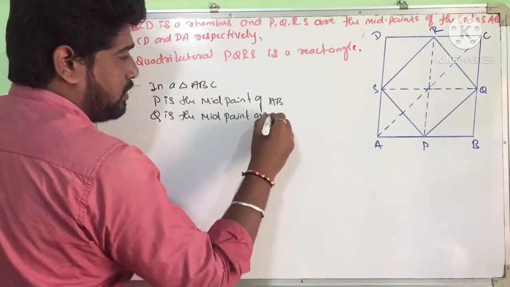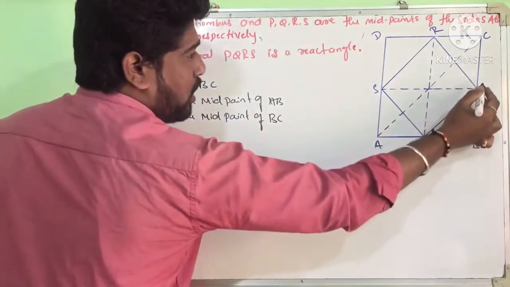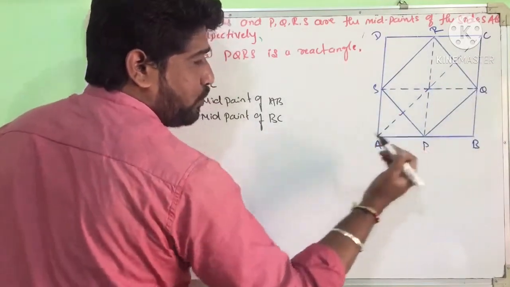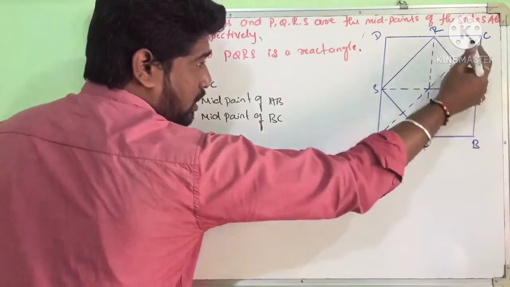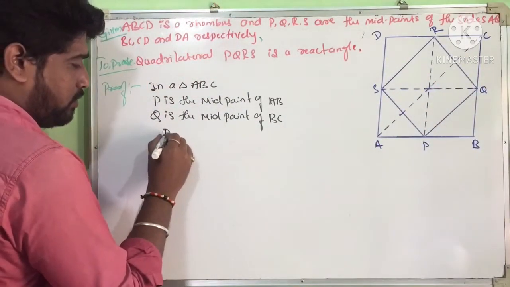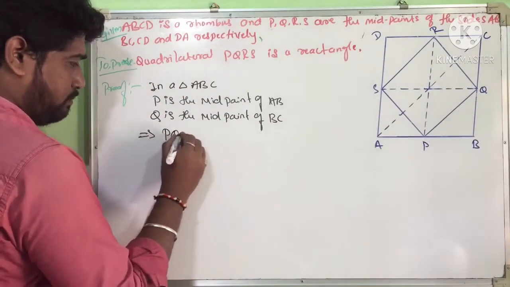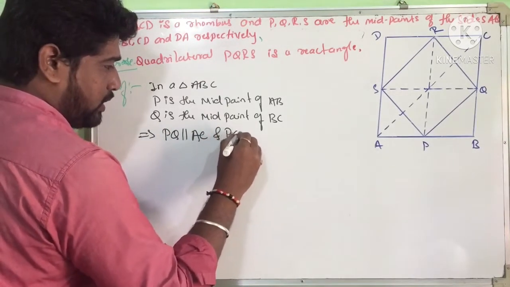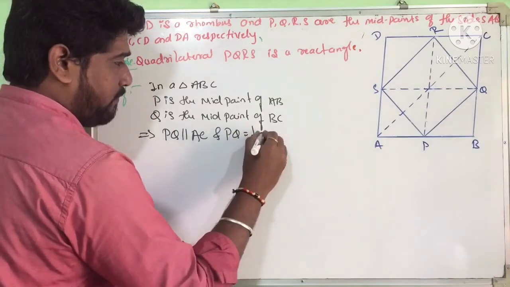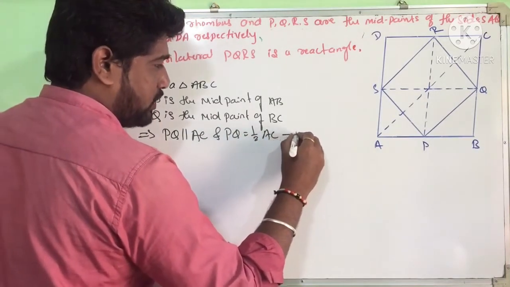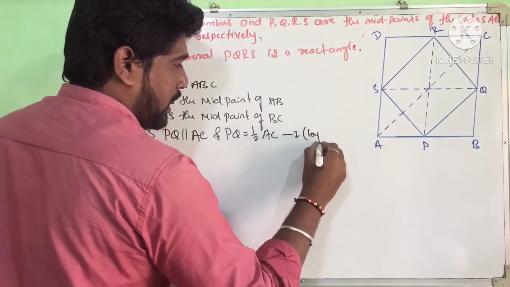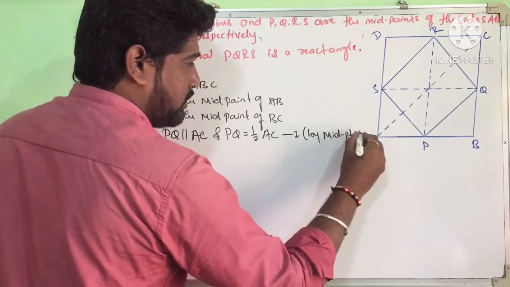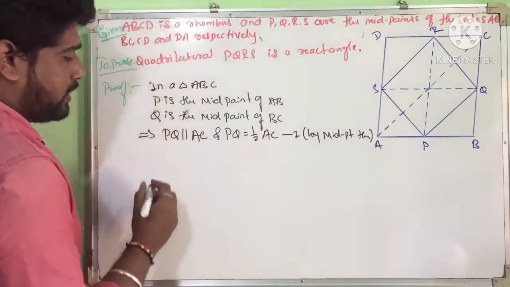So these two are the midpoints of the sides. It means AC is parallel to PQ and PQ is half of AC. So write down: this implies PQ is parallel to AC and PQ is half of AC. Call this equation 1 by midpoint theorem. Is it clear?